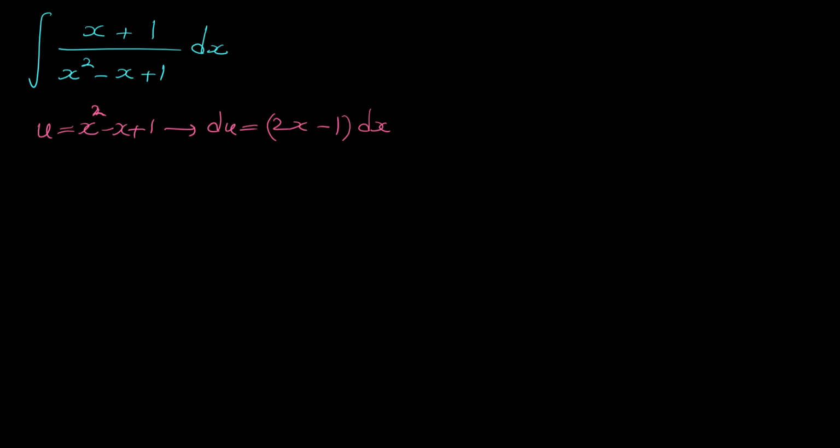I don't have 2x. So I solve this problem by multiplying numerator by 2. So this is the thing that I'm going to do. I multiply numerator by 2. So we write the denominator. We multiply numerator, which is x plus 1, by 2.